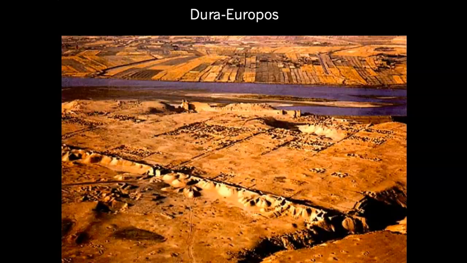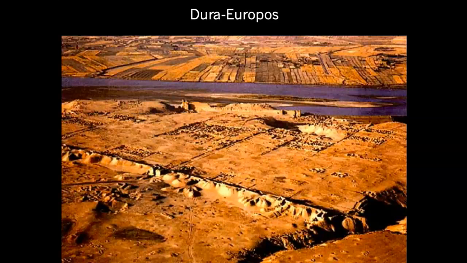It was abandoned in about 256, 257, because of changes in trade routes, economy, and power struggles. But you can still see the remains of the city walls and hints of the grid pattern city streets.